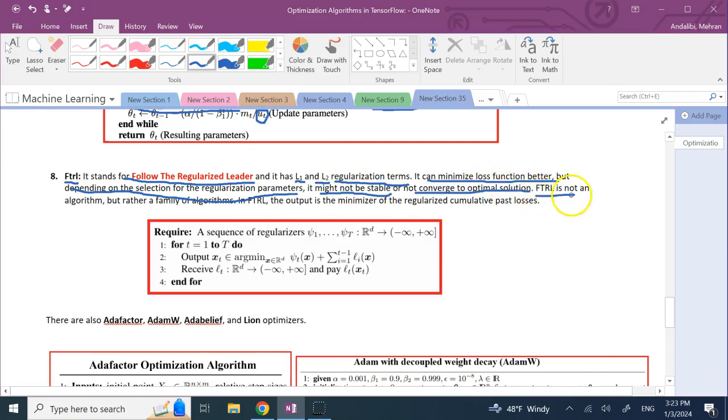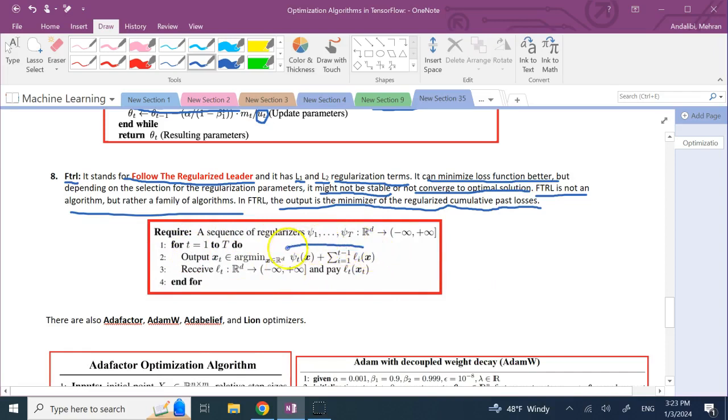And the important thing about it is it's not a simple algorithm, it's a family of algorithms. Okay, it's quite a bit complicated. And you see the output of it is the minimizer of the regularized cumulative past losses. If you look at the pseudocode, you can barely understand anything from it.